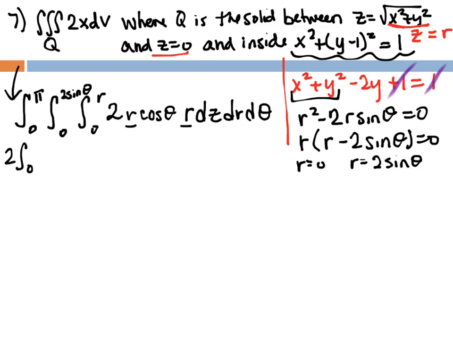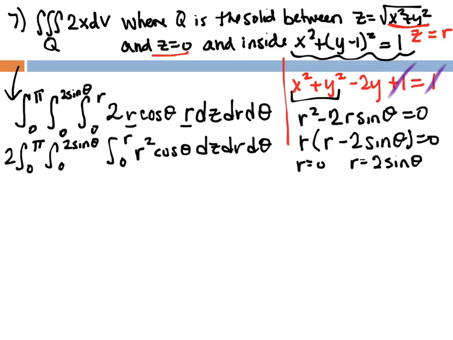Let's pull the 2 out in front because we can. Let's clean up just a touch to make it a little easier to work with. We're going to integrate r squared cosine theta with respect to z.